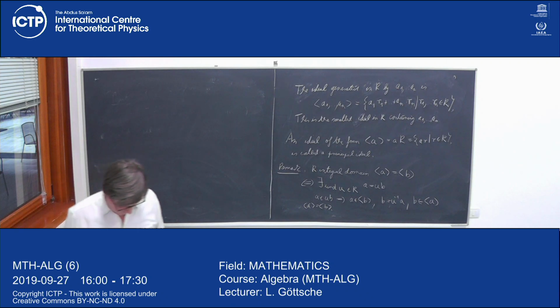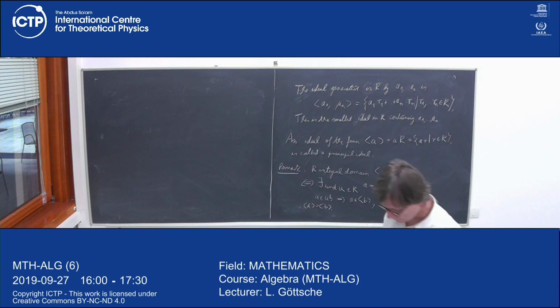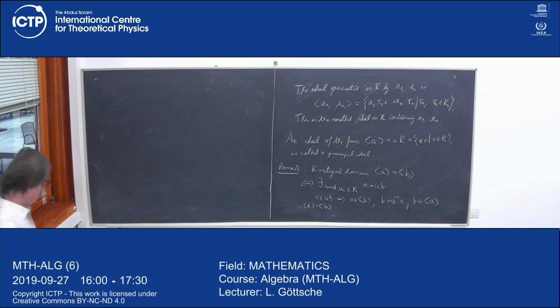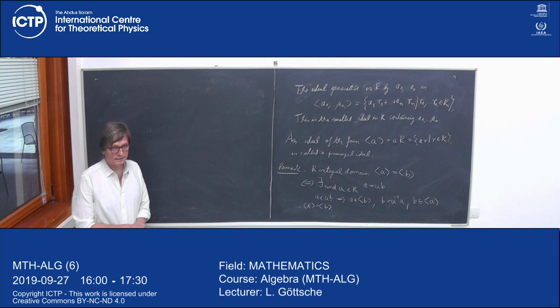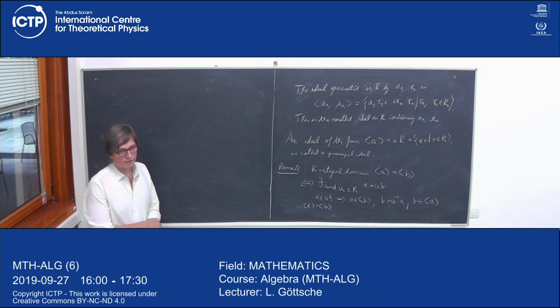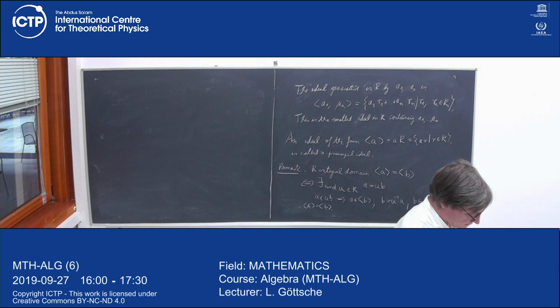Okay, so what else did I want? Yeah, now I want to say this thing that the kernel of the ring homomorphism is an ideal, and in case the ring homomorphism is surjective, then also... so now let me of course go back.